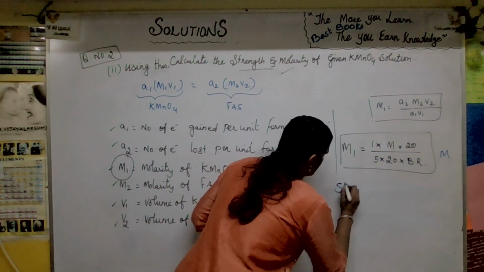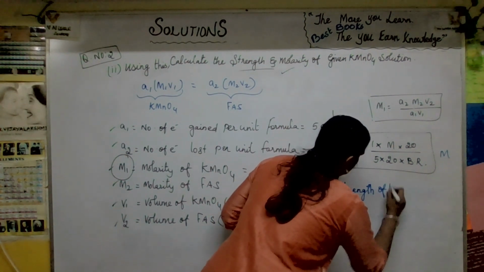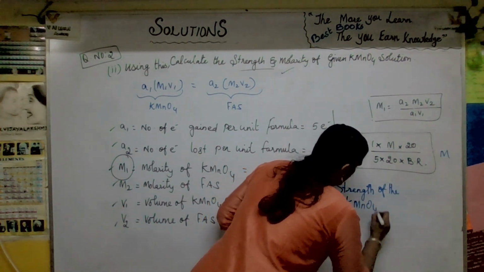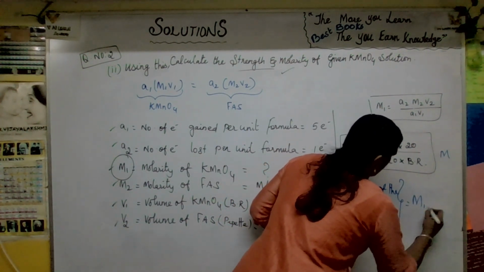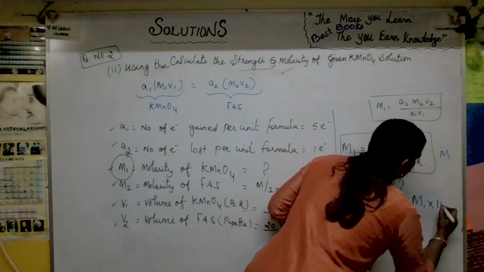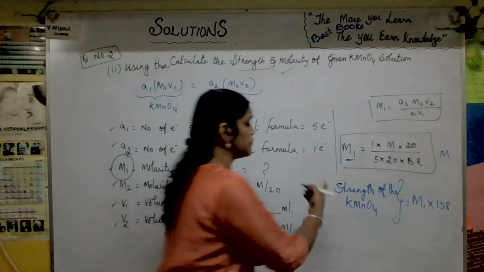Here the molarity is M1, so M1 into 158, where 158 is the molecular mass of KMnO4.